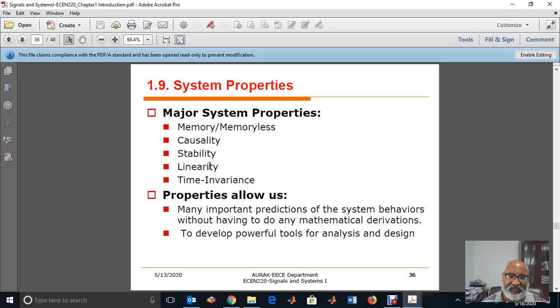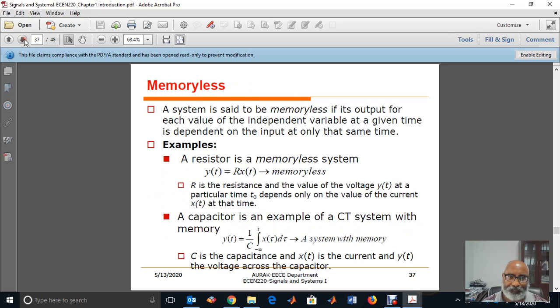So if the system is unstable, that is a problem. These are important properties, so we study each one by one.